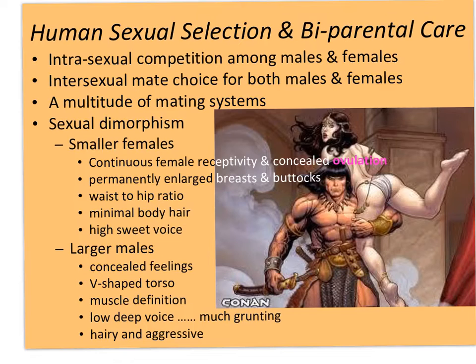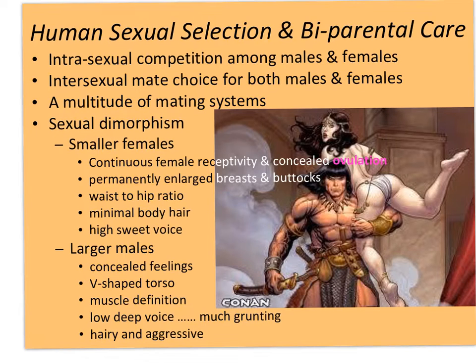There's also promiscuous mating system, and I don't mean promiscuous in a pejorative way, like, oh, he's promiscuous. I mean where a partner has sex with a lot of other partners. Okay? Has nothing to do with good or bad.